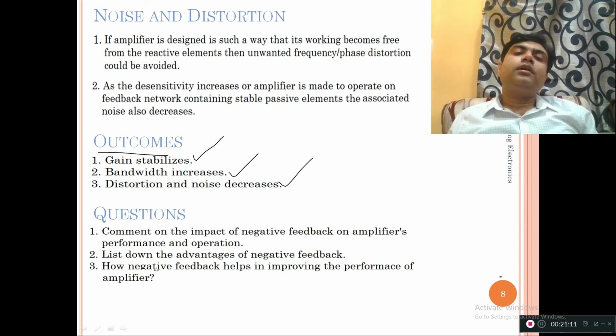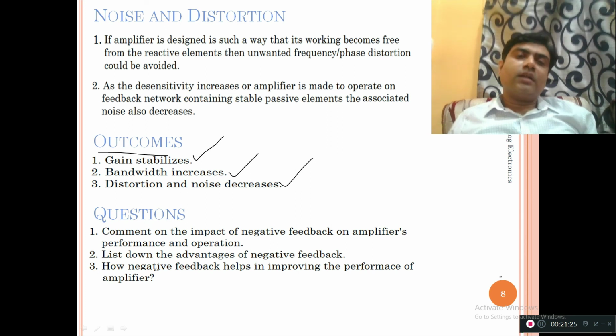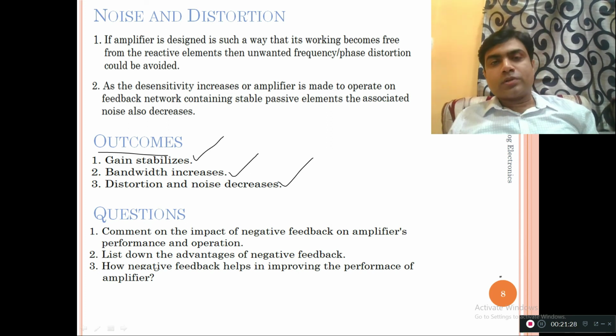Then the impact of the negative feedback on the performance of the amplifier. All these discussions we have covered in the 7 lectures, and I will prepare some lectures on the numerical topics of the feedback amplifier as well. Let us say in 1-2 lectures we will cover that.